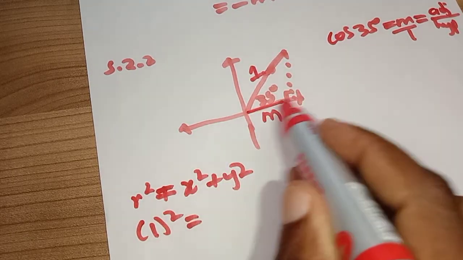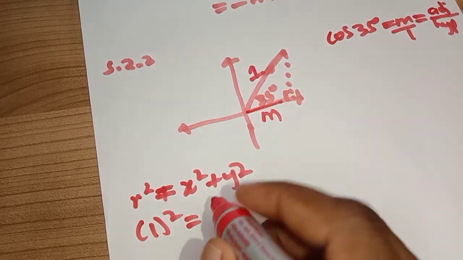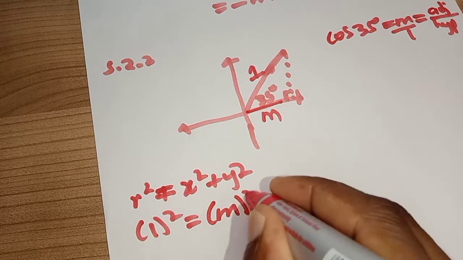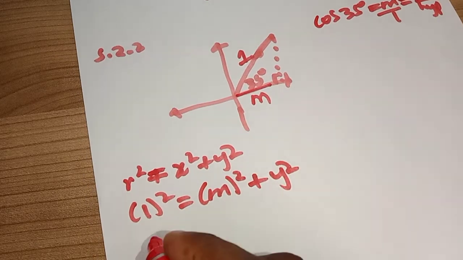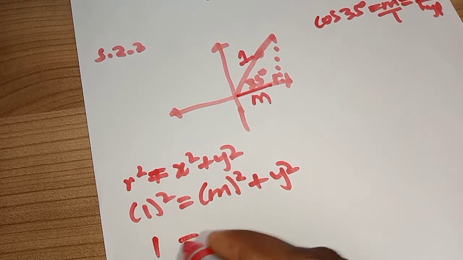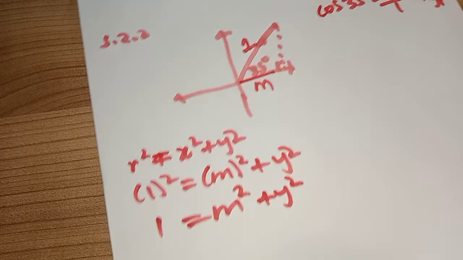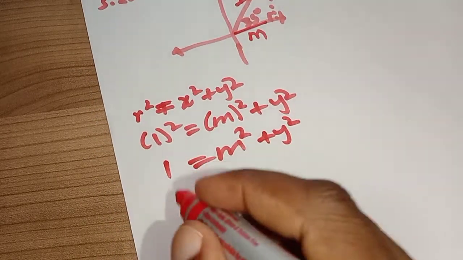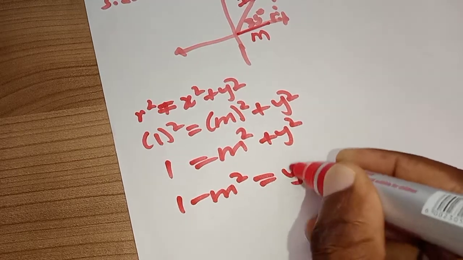The x there is m, because the x-axis is this one, so we have m squared. Then we are looking for the y. Here we end up with 1 equals m squared plus y squared. Then we will have 1 subtracting m squared equals y squared.